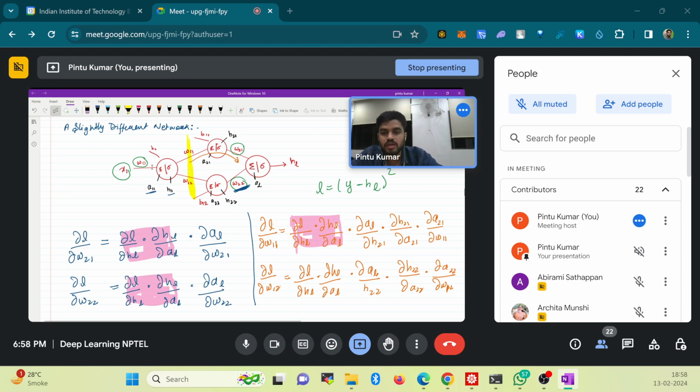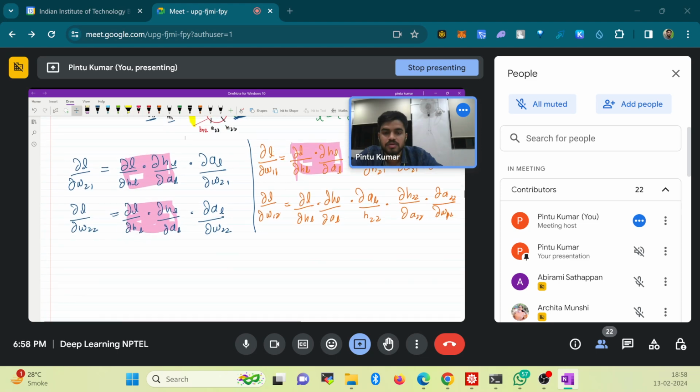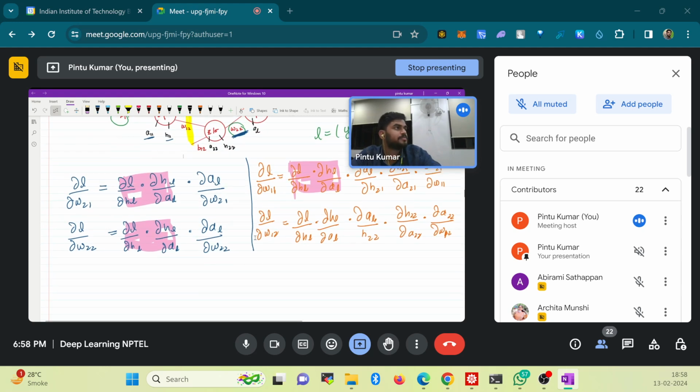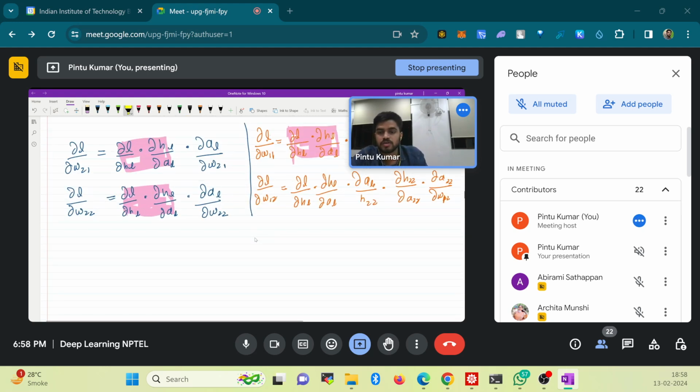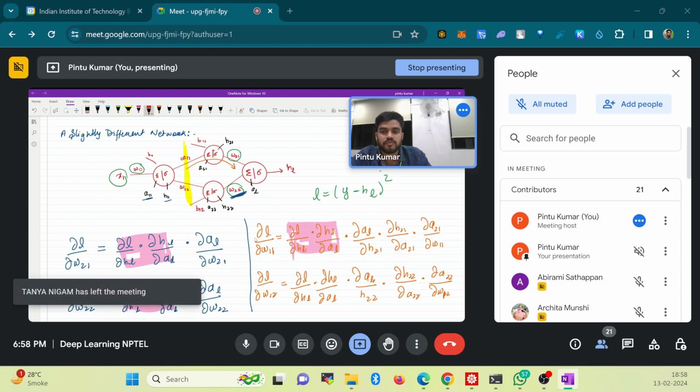Now we will see del L by del W naught. The main thing we wanted to do is del L by del W naught. You can see that there are two paths via which W naught travels to the loss: one is this path and another one is this path.